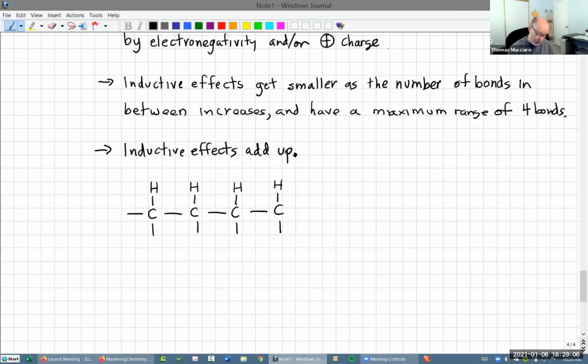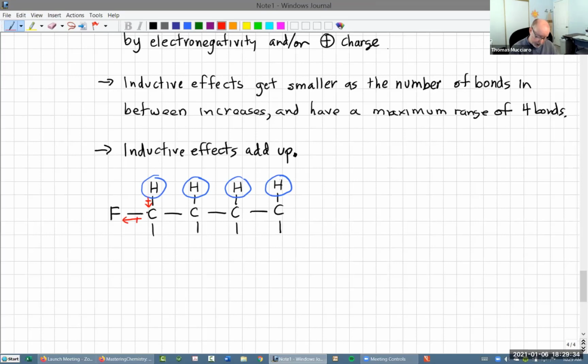And what I'm going to do is imagine we put a fluorine, an extremely electronegative atom, right there. So then we look at our electron densities. Fluorine is pulling here, and then it pulls here.